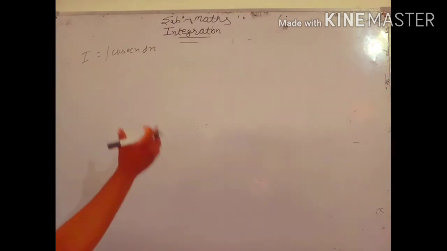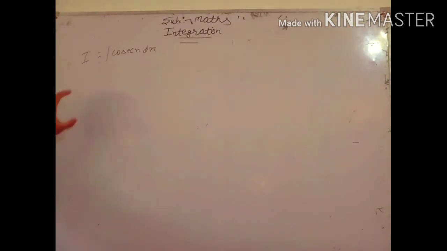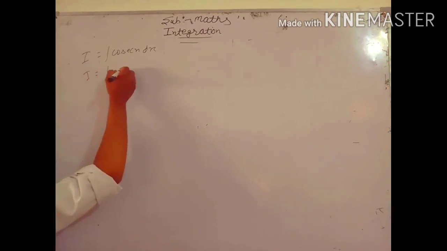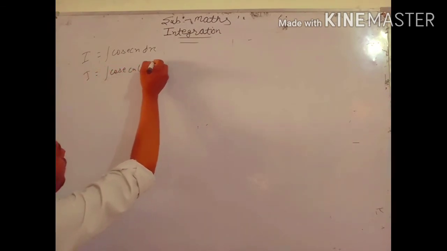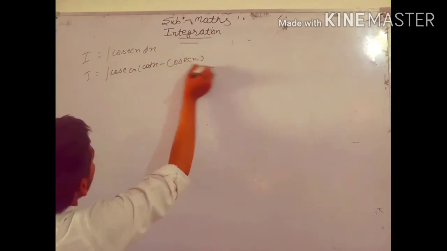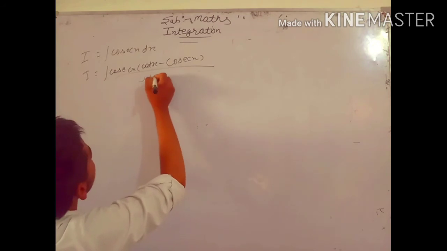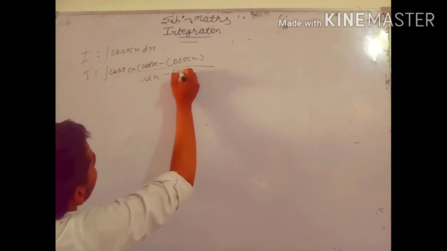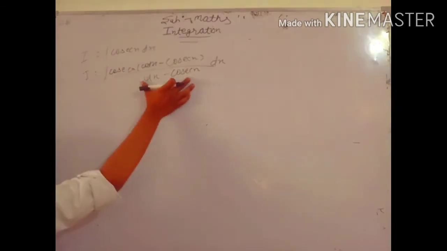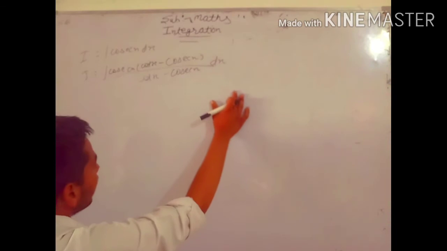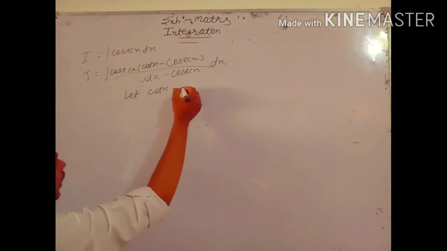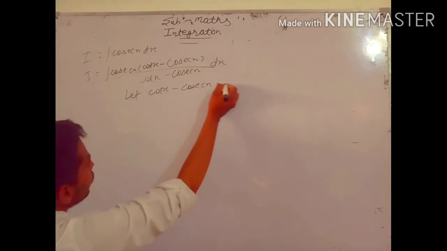First of all, we multiply and divide by the same term: we multiply by cot x minus cosec x and divide by cot x minus cosec x. We consider cot x minus cosec x is equal to t.